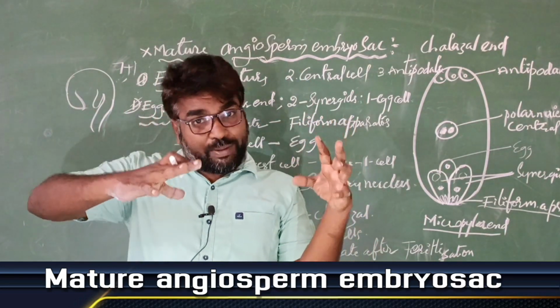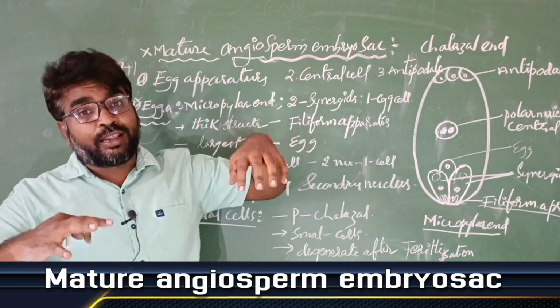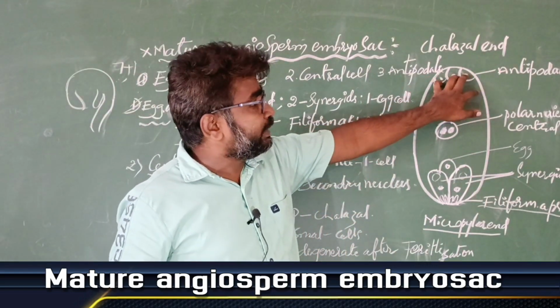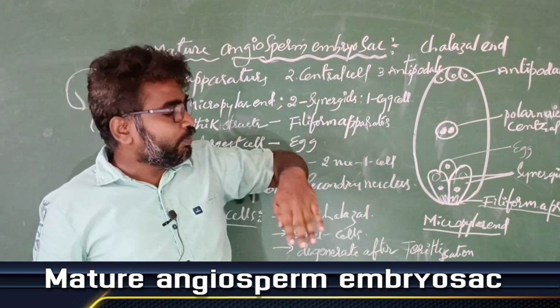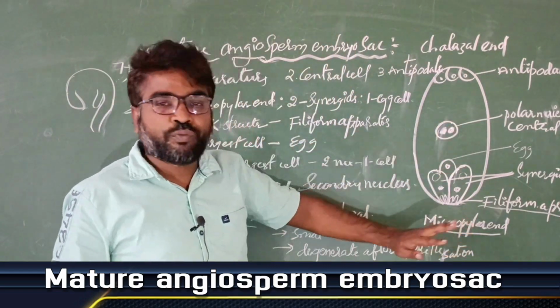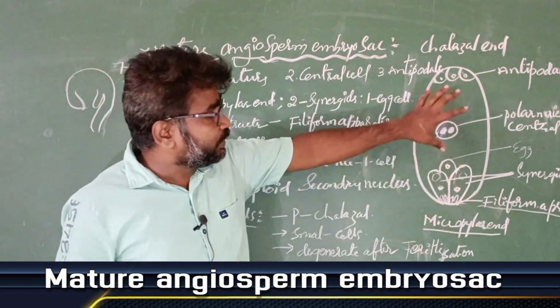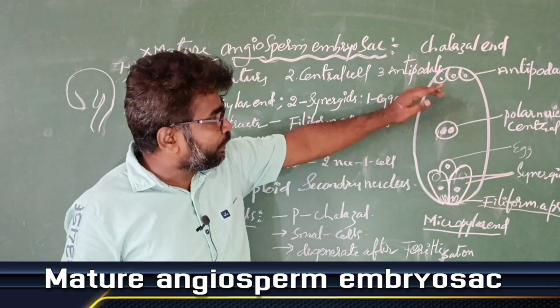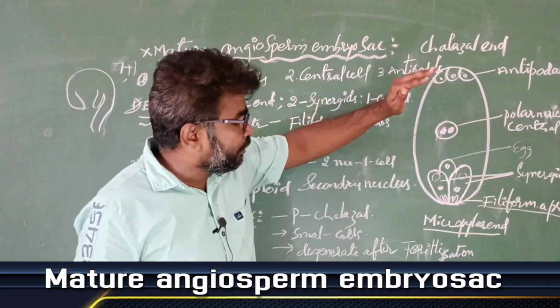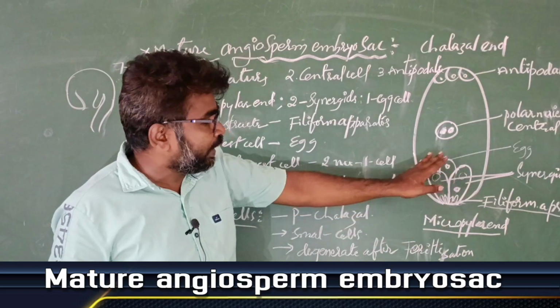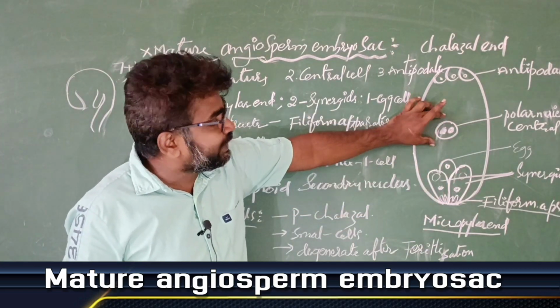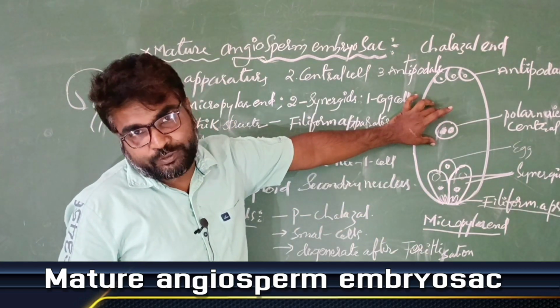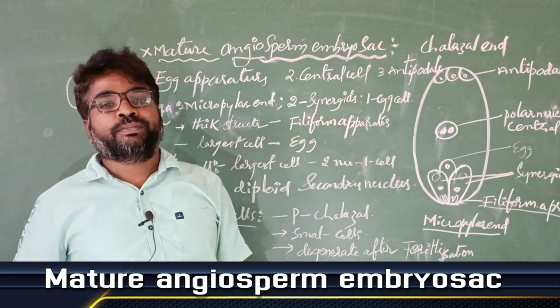At the time of embryo sac development, normally 4 cells are present at the chalazal end and 4 cells at the micropylar end. Out of these, 1 comes from the chalazal end and 1 comes from the micropylar end. These 2 are combined and fused at the center.